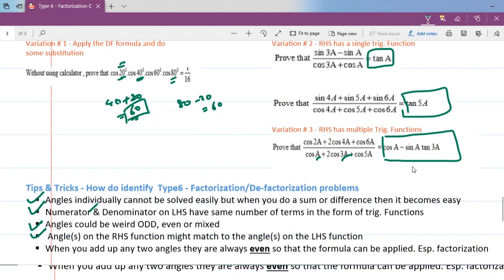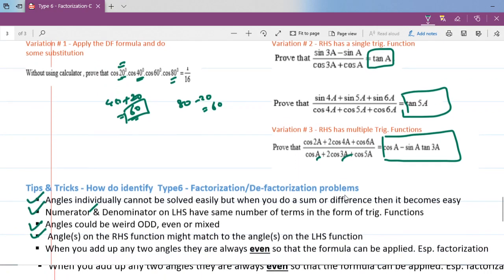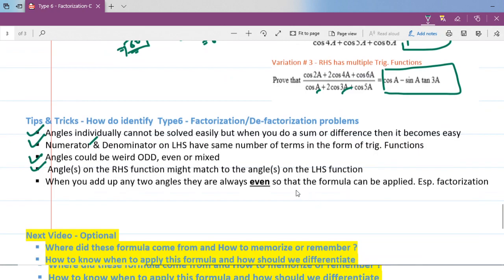For example, let's take any 2 angles. Let's take over here 2a plus 4a. Let's say if you sum it up, 2a plus 4a is going to be 6a, and then I need to divide by 2, and it's easily divisible, so it gives me 3a.